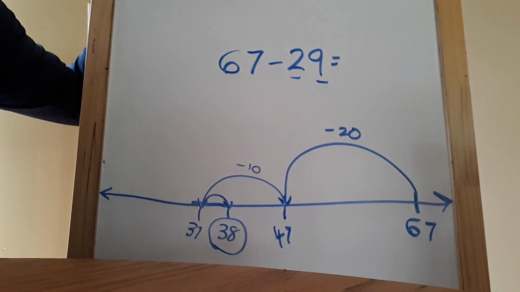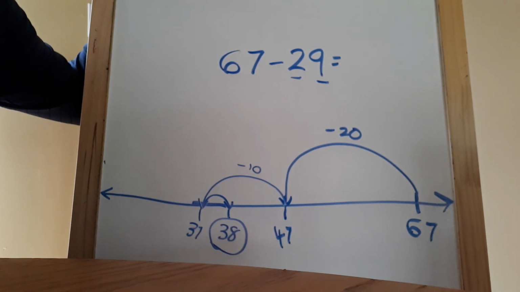That's pretty high level stuff on an open number line. Only do that if you're very comfortable with it. Otherwise, just stick to the other strategies that you were using.